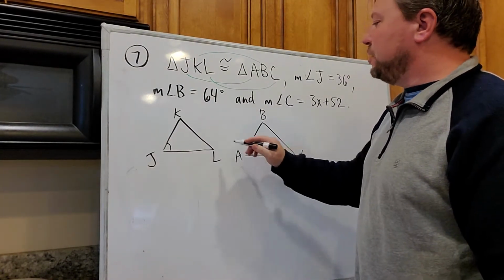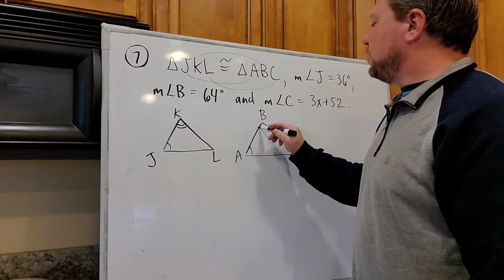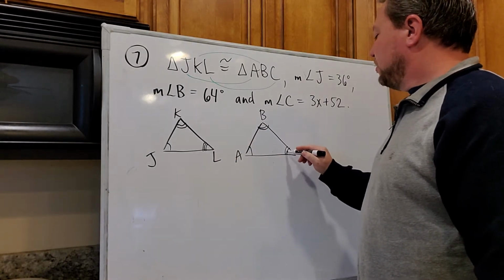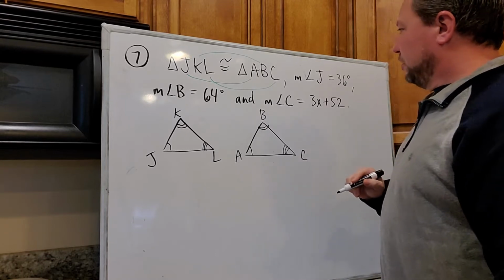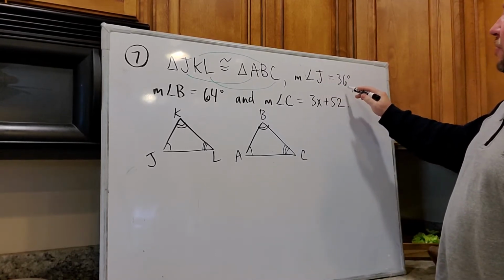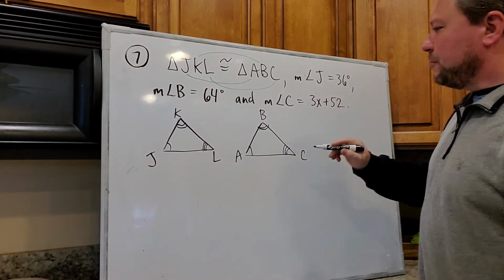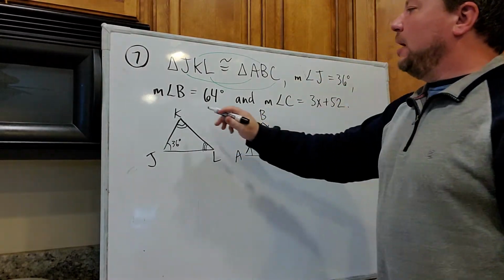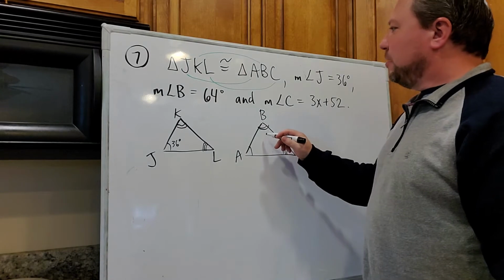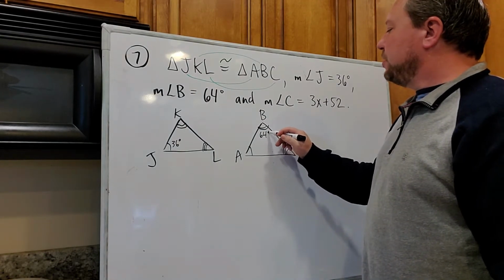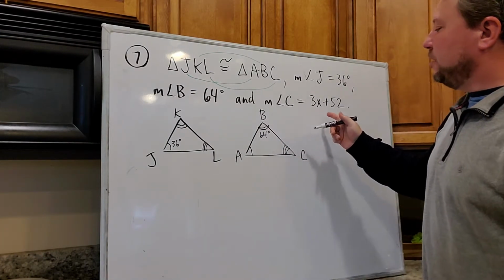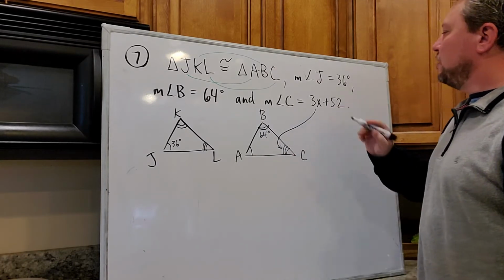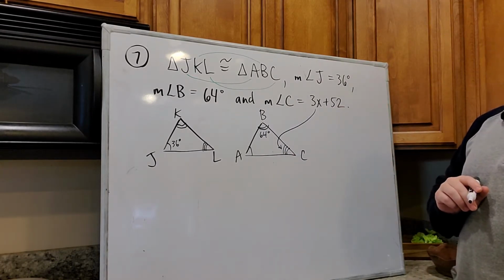You know, J matches A, and K matches B, and L matches C. And then if I label them with what was given, J is 36 degrees over here. B is 64 degrees. And angle C here, this one is the 3x plus 52.